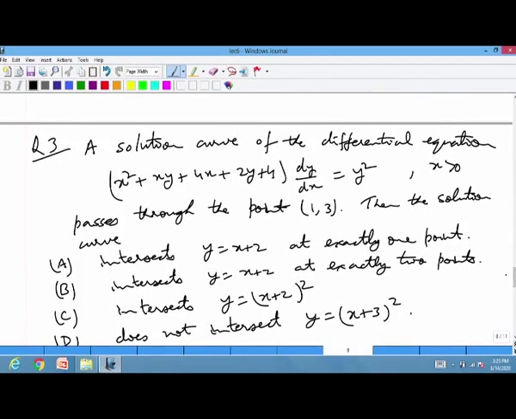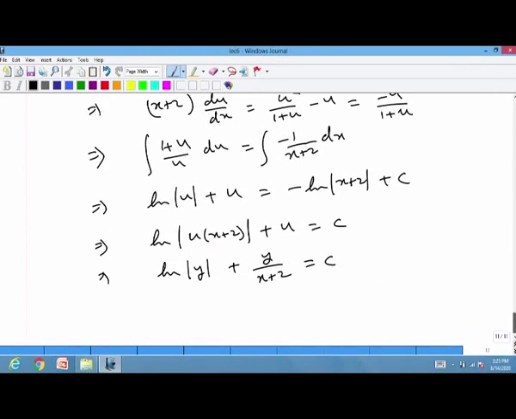Also, we are given that this curve passes through the point (1, 3). So, y at 1 is equal to 3. This implies log 3 plus 3/(1+2) equal to c, which implies c is equal to 1 + log 3.